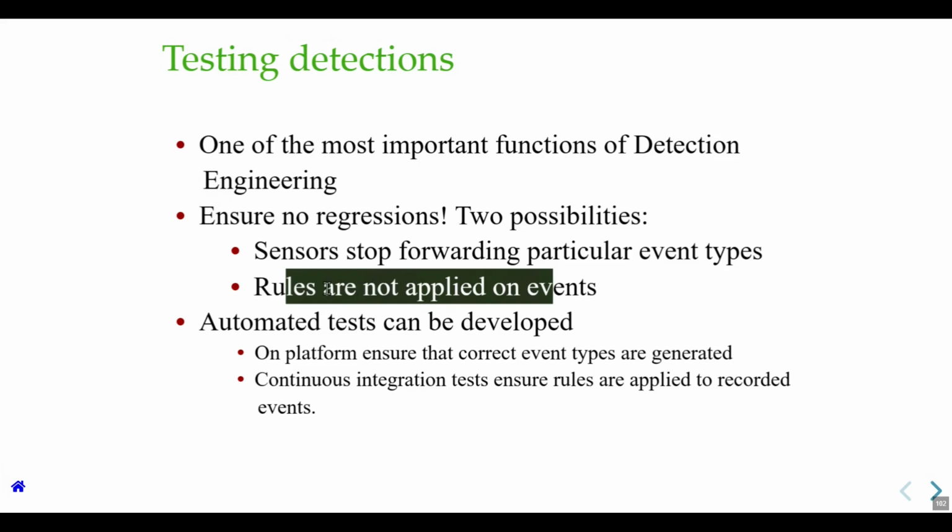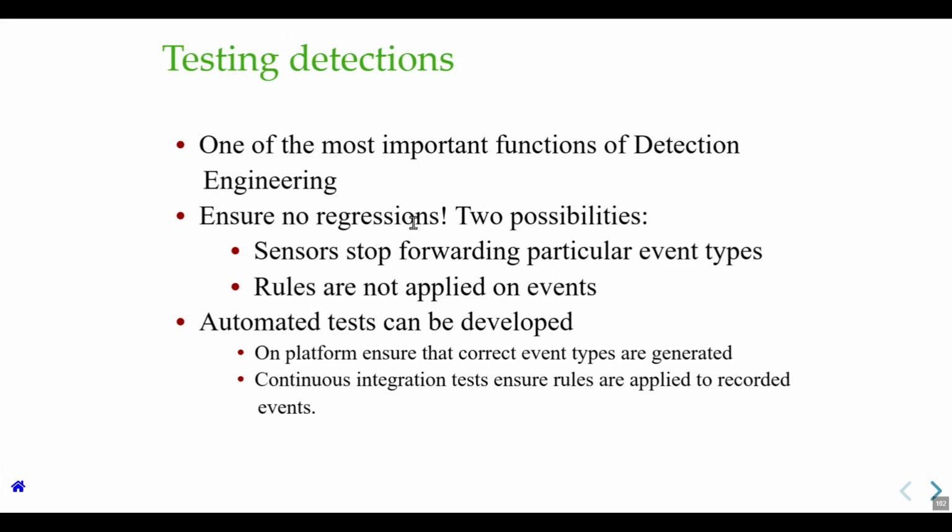Maybe we can capture more representative events from real life attack simulations. So it's a process. We keep iterating through that and applying tests and making automated tests. Automated tests are essential. We make sure that event types are generated on the platform.